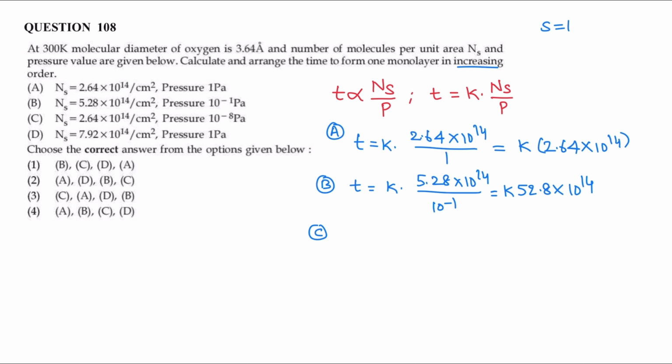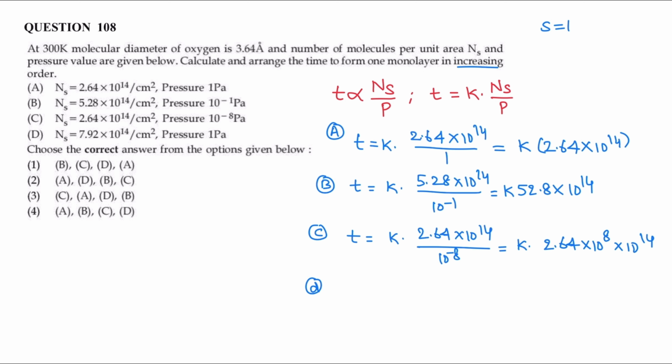For option C, the time to form a monolayer is some constant K into 2.64 into 10 power 14 divided by 10 power minus 8. Its value is K into 2.64 into 10 power 8 into 10 power 14.